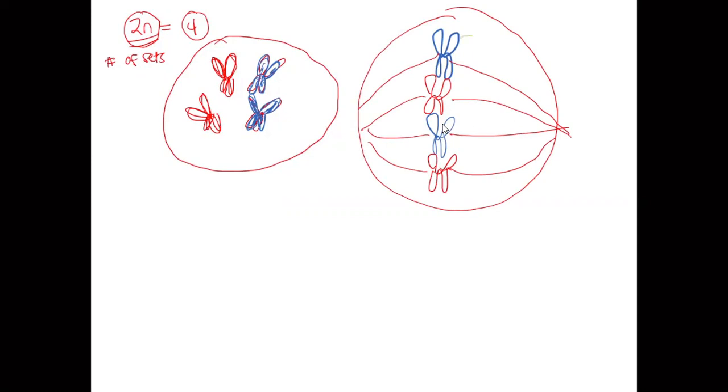These chromatids will go to this pole, and these chromatids will go to this pole. So when we enter anaphase, it would look like this.